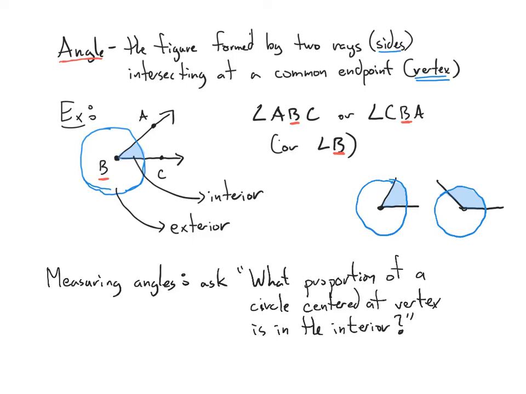But in some sense, if we have this angle here, which I think most people will know is a right angle, if I draw a circle around it, and again, it's not the perfect circle, but hopefully you get the idea, then the interior is this bit in here, and it's pretty easy to say that this is a quarter of our circle.